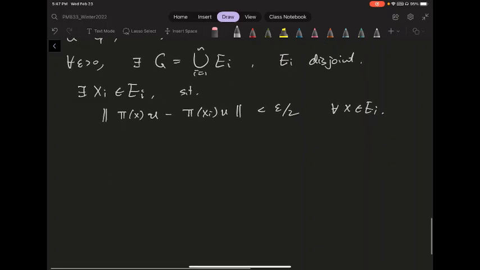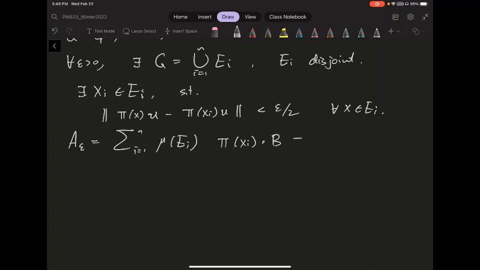But once you do that, you consider the following. The operator A we had before is the integral of this rank 1 operator B conjugated on two sides. But now you do a discrete version, where you replace the integral by a sum. You let A epsilon be the summation of i going from 1 to n, and on each of these E_i, you multiply by the Haar measure mu of E_i, and then you do pi of x_i times B times pi of x_i inverse.